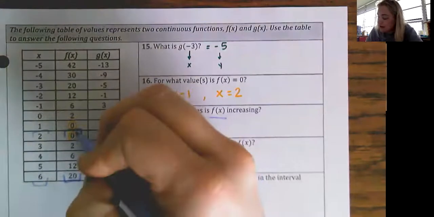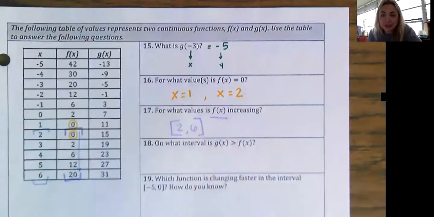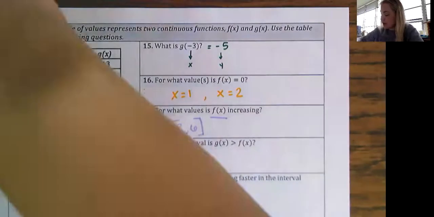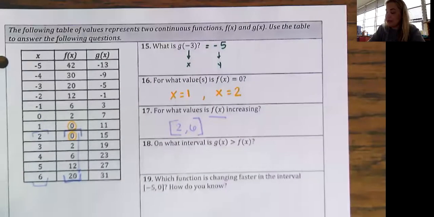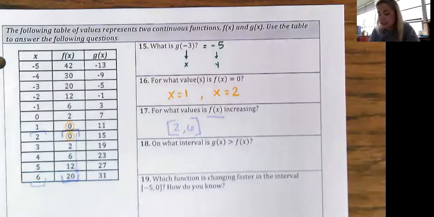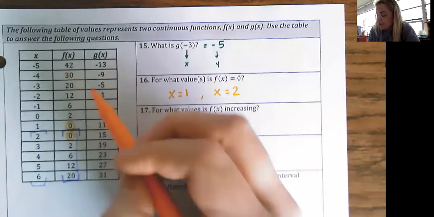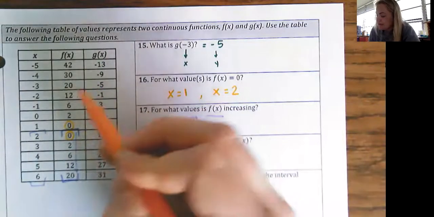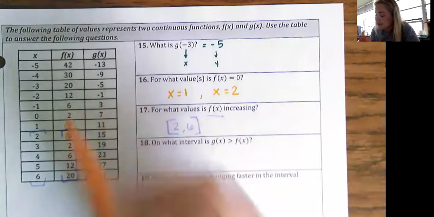So we found where the numbers increased, and then we used the x values to describe what the input was when it was increasing. Okay, on what interval is g of x greater than f of x? So we are going to look at our tables, and we're going to find when the g of x numbers are greater than the f of x numbers. Right here, -13 is not greater than 42. -9 is not greater than 30. -5 is not greater than 20. -1 is not greater than 12. 3 is not greater than 6.